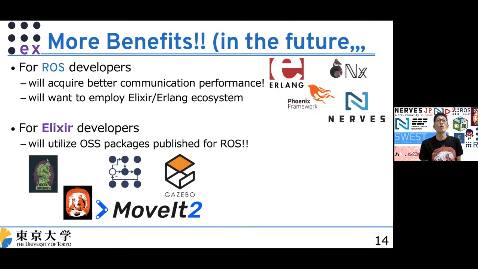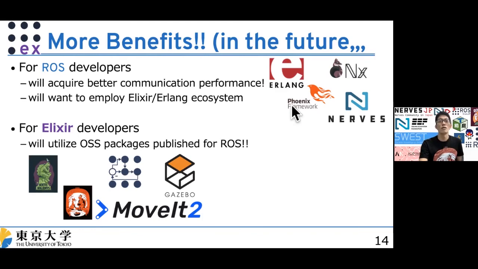The development of Rclex is still in progress. We still have a lot to do to make Rclex practical. But we are confident that our continued progress will bring more benefits to both ROS developers and Elixir developers.